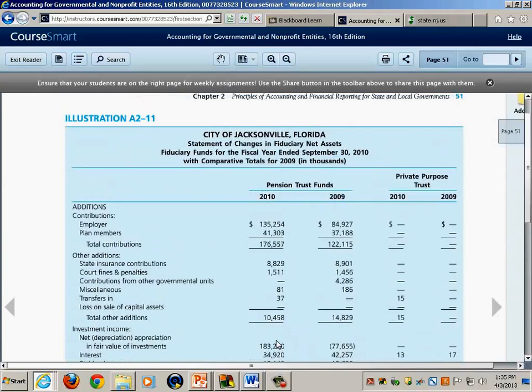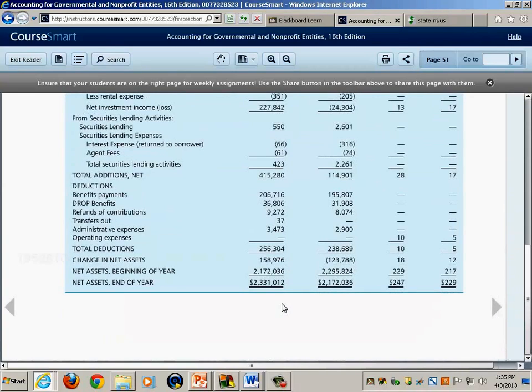And I believe this is in thousands. So you're talking about $2.5 billion, right? Large numbers, huge numbers in pension funds. So when you look at these funds, what you'll realize is that the pension funds dwarf anything else, except for maybe investment trust funds, which we'll get to in a moment.